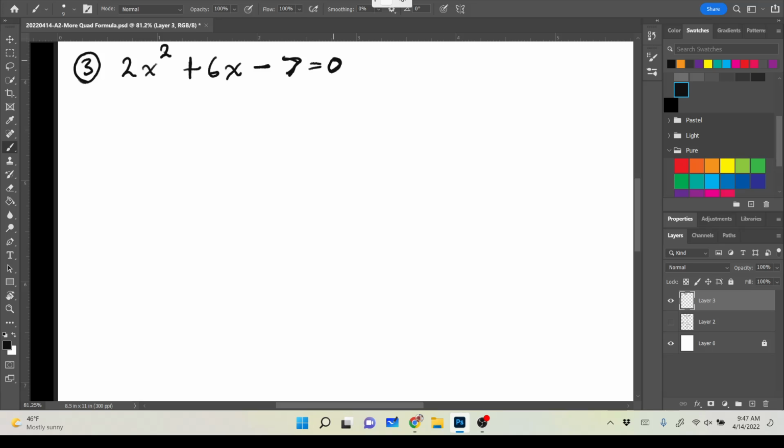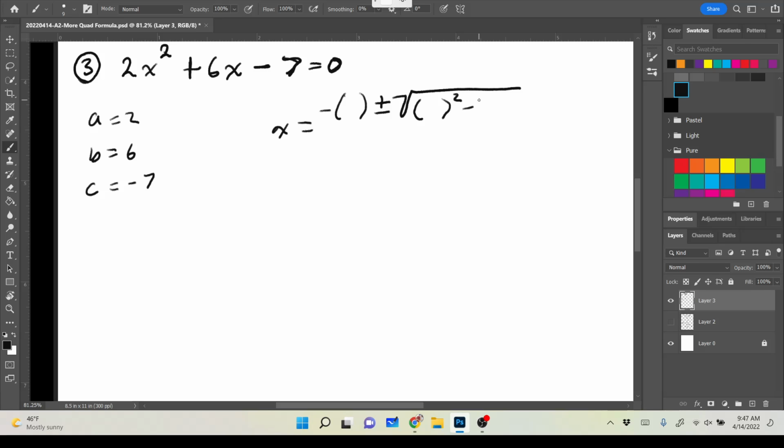Okay, so A in this case is 2, B is 6, C is -7, right? So our formula is the opposite of B plus or minus the square root of B squared minus 4AC all over 2A. Right?